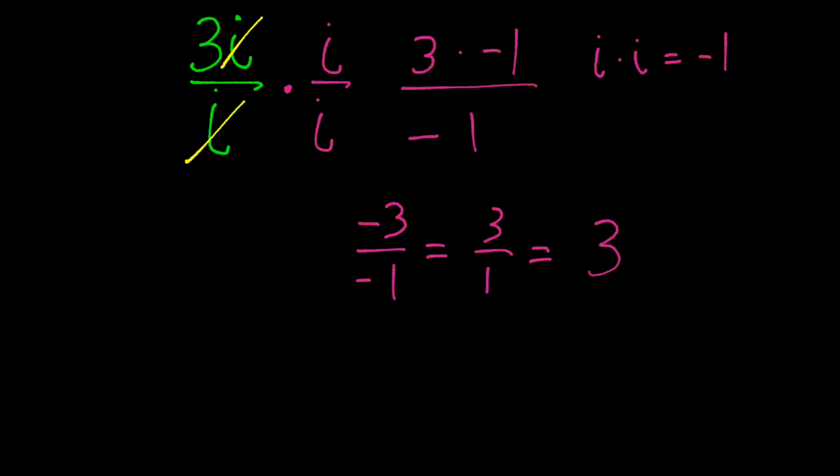Because if I just said, oh, you can just cancel them out, you might try to do that every single time, and depending on what's on top or what's on bottom, that won't always work. So, yes, we could have just canceled out the i's and gotten 3, but then we wouldn't have learned how we need to multiply top and bottom by i to help cancel them out properly. Okay, now let's try another one.